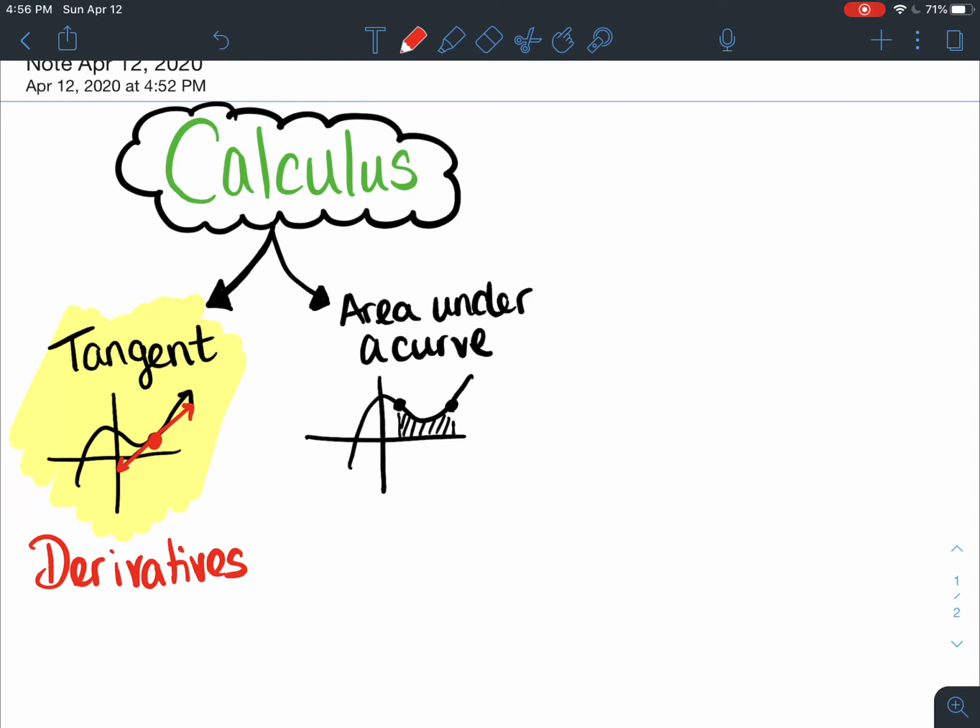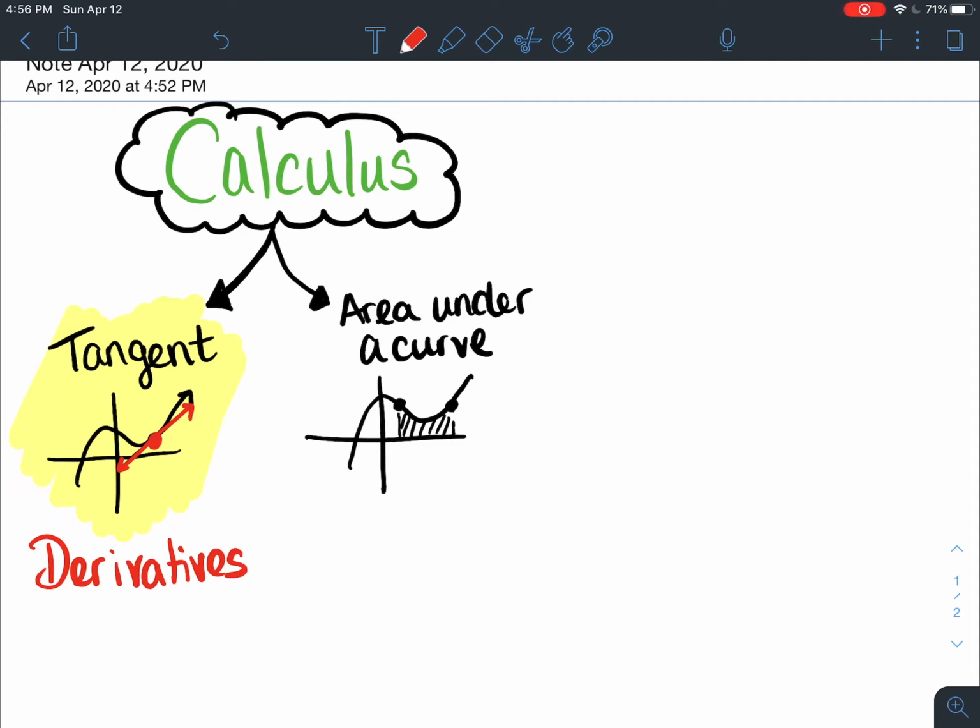This area under a curve thing is called integration, and we're not learning that in high school at all. You can thank a bunch of famous mathematicians like Archimedes, Fermat, and then finally Newton and Leibniz for their contributions to calculus.